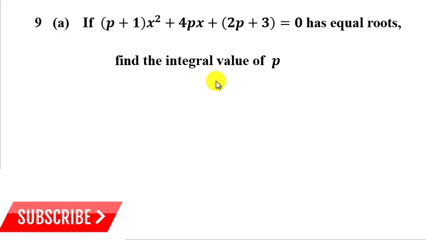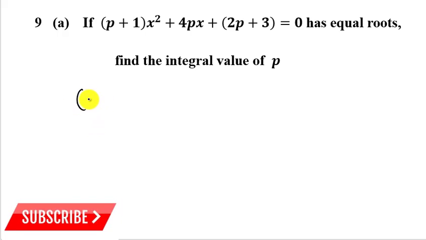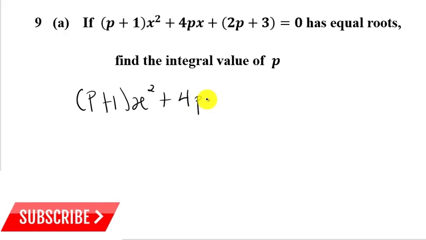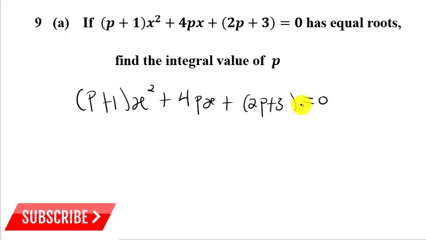So as it stands, the equation is (p + 1)x² + 4px + 2p + 3 = 0.